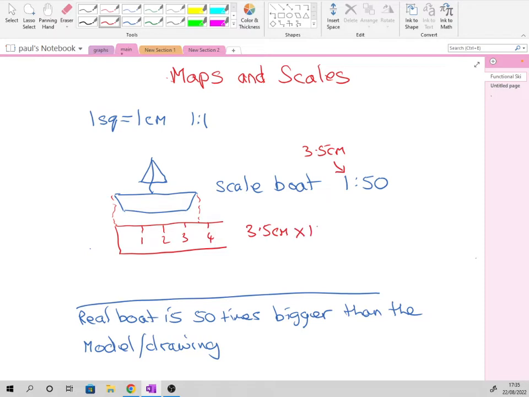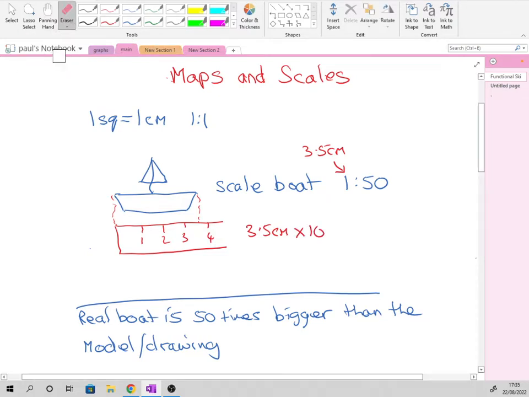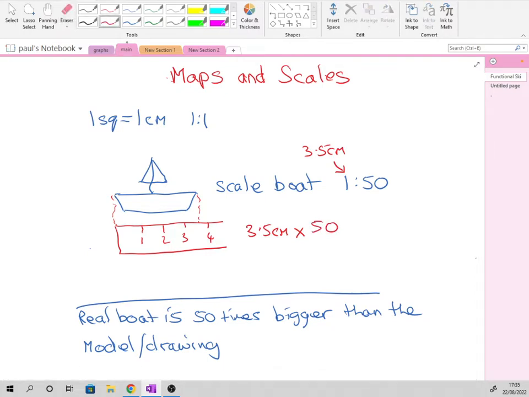So we just multiply that number by, not by 10, multiply that by 50, which is 175 centimeters, which converted is 1.75 meters long.